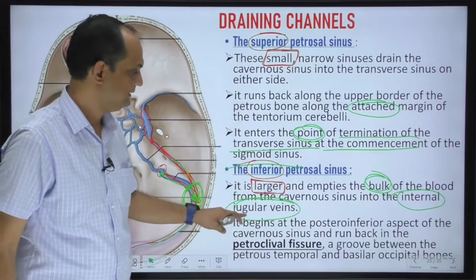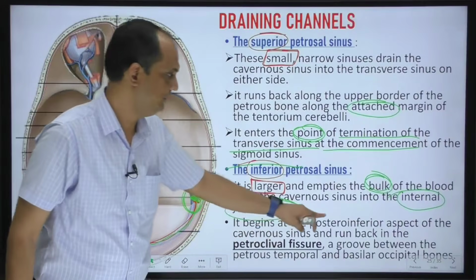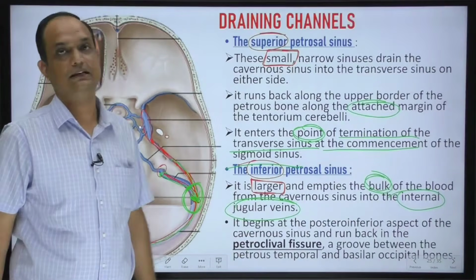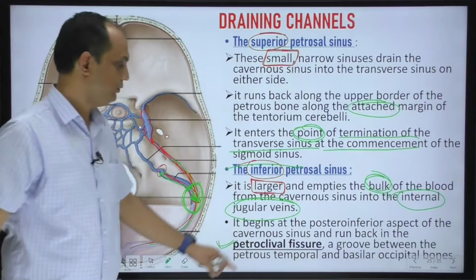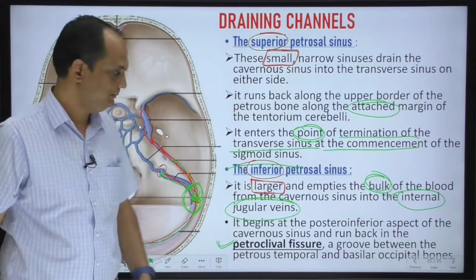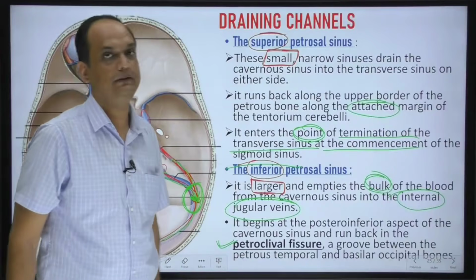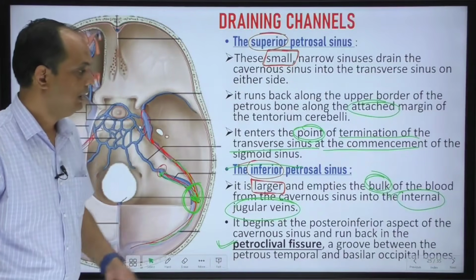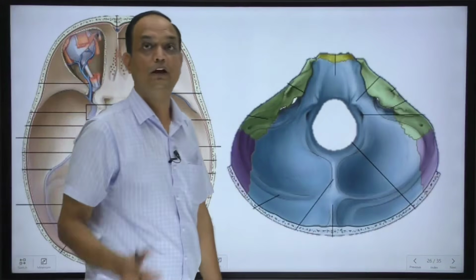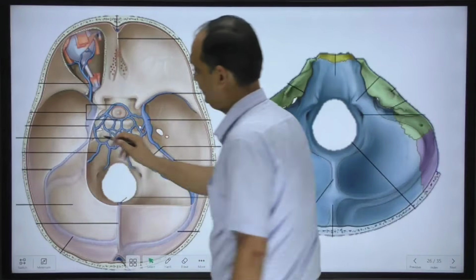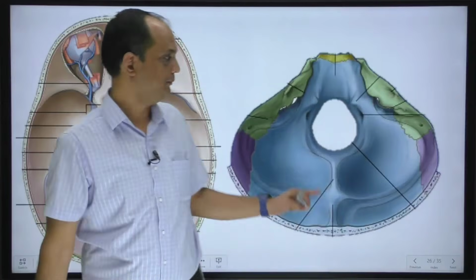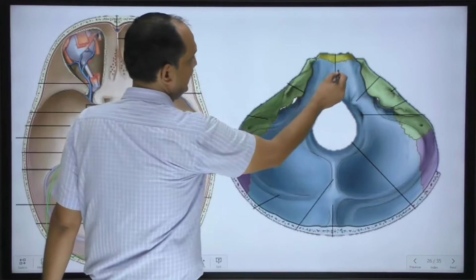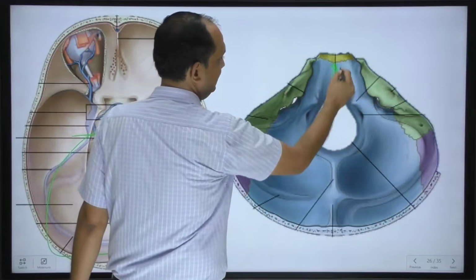Second thing is that this begins at the postero-inferior aspect of the cavernous sinus and it runs into a fissure that is known as the petroclival fissure. Now this petroclival fissure is a groove between the petrous part of the temporal bone and the basilar occipital bone. Now this is the posterior cranial fossa. When you see the posterior cranial fossa, this is the bony framework where you can see that this portion is known as the clivus.